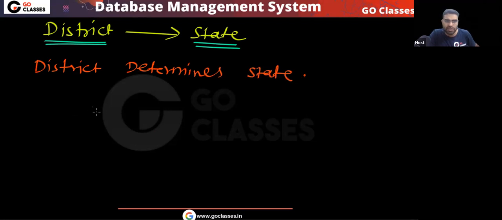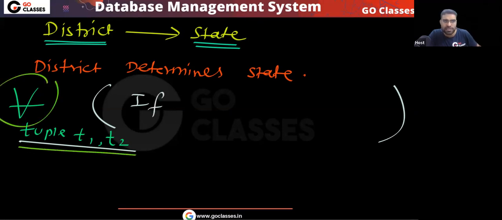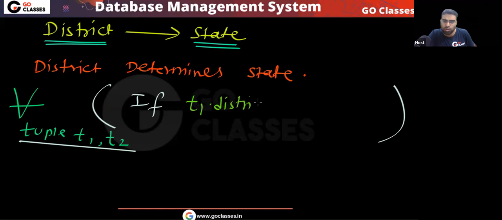Okay. Now, what is the definition? This means that for all tuples T1, T2, if in these two tuples the district value is the same, that is, if T1 district is equal to T2 district, then what should happen?